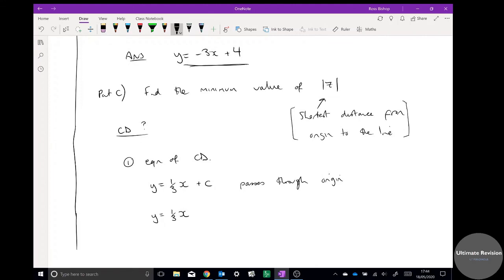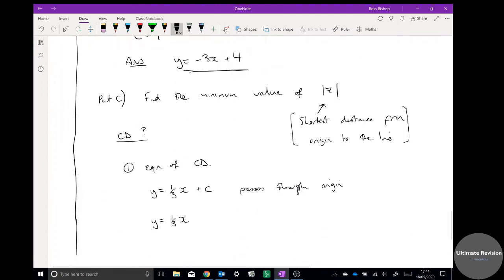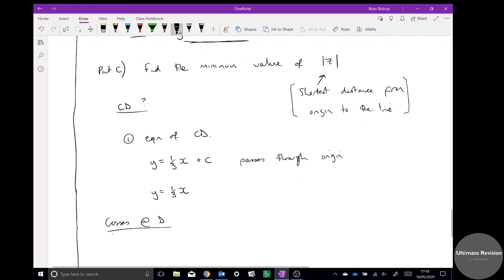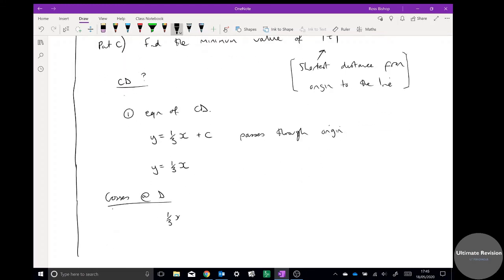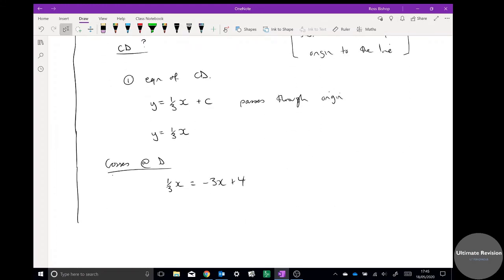Now I need to know the points of where they cross. So the coordinate of where it crosses at D. In order to get that coordinate, I'm going to set them equal to each other. A third x equals minus 3x plus 4. Let's work this out. Times everything by 3. x equals minus 9x plus 12.